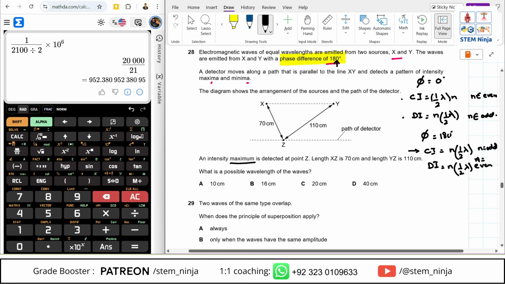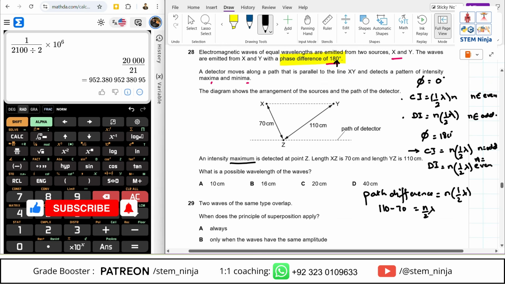The path difference is basically an odd multiple of half wavelength. So we know that this is 110 minus 70, and this is n over 2 lambda. N again is an odd number over here.